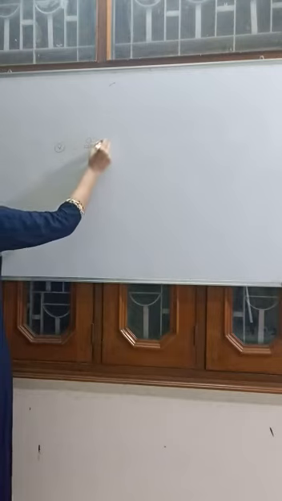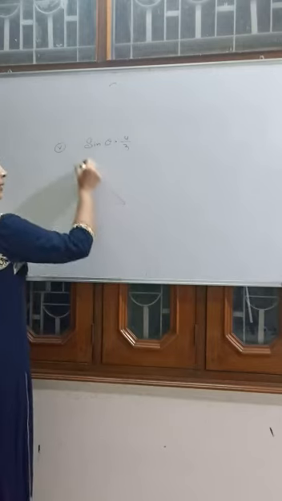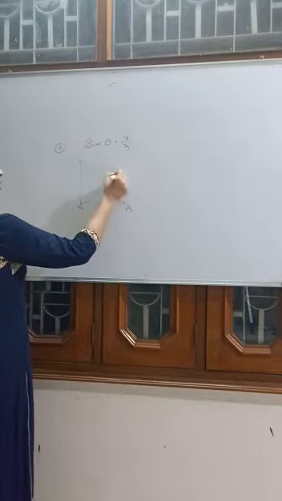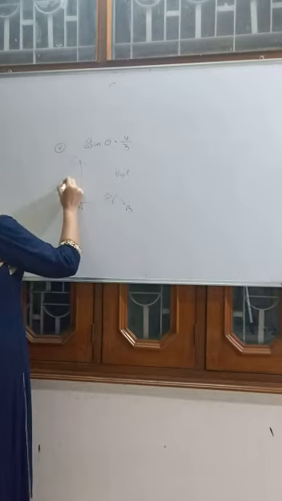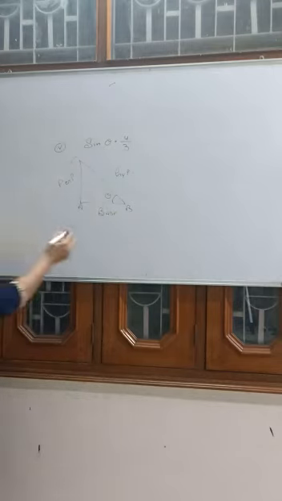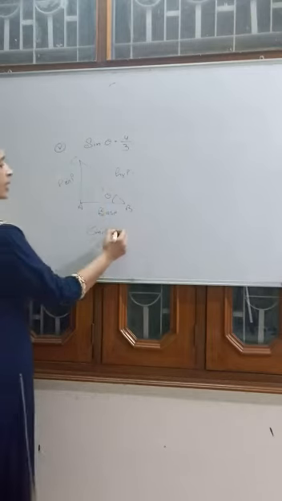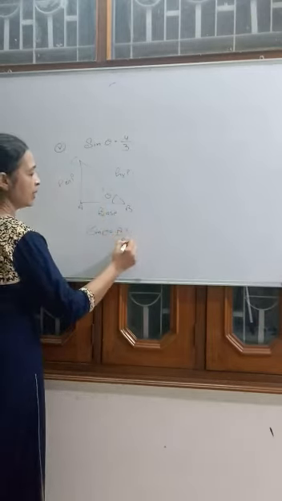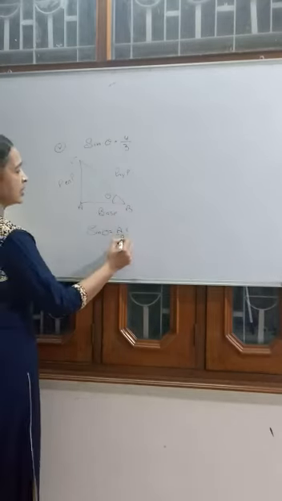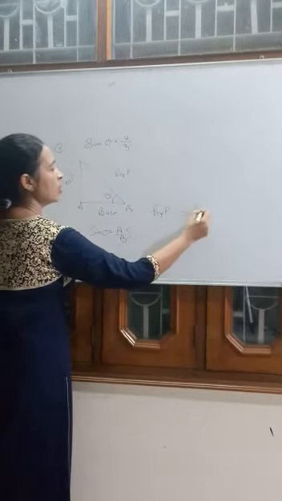Next, fifth part. Sin theta equals 4 by 3 for some angle theta. Let it be angle theta in triangle ABC. This is hypotenuse, it is perpendicular and it is base. What is sin theta? This is theta, opposite side upon hypotenuse. And we all know hypotenuse is always greater than perpendicular or base.